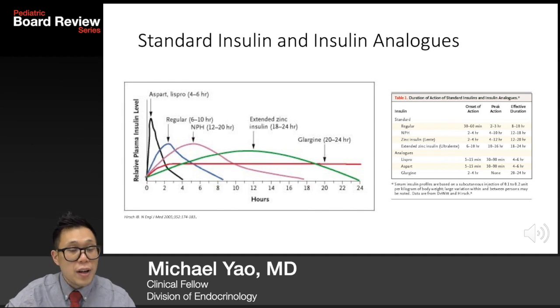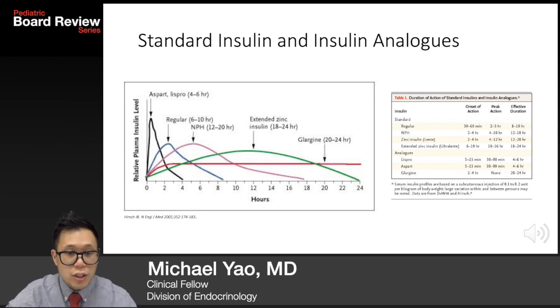This is a graph that shows the onset, peak, and duration of action of various types of insulin. Some insulins to note that are more commonly used are Aspart and Lispro, which are your Novolog and Humalog.